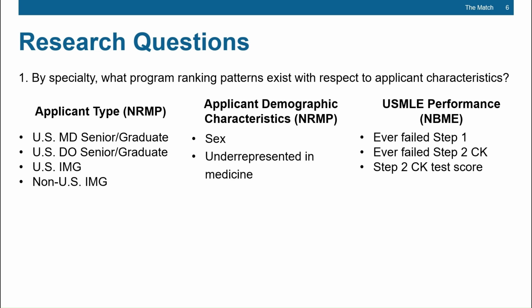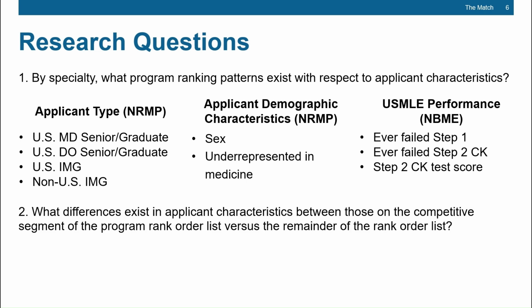We'll take a look at program ranking behaviors in relation to applicant type, including USMD seniors or graduates, USDO seniors or graduates, US International Medical Graduates or USIMGs, and non-USIMGs. Then we'll turn to looking at applicant sex and whether applicants are underrepresented in medicine. And finally, we'll take a look at applicants' USMLE performance, specifically whether they ever failed Step 1 or Step 2, as well as their overall Step 2 CK score.